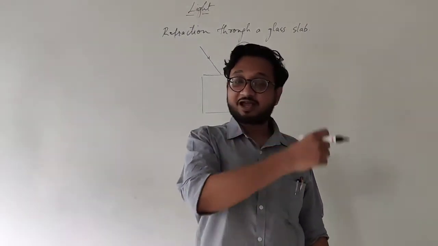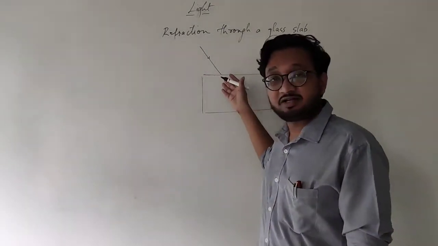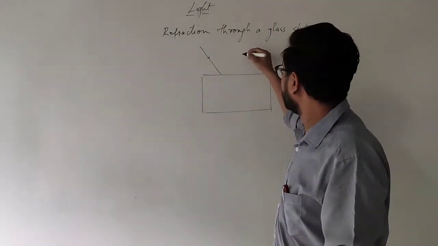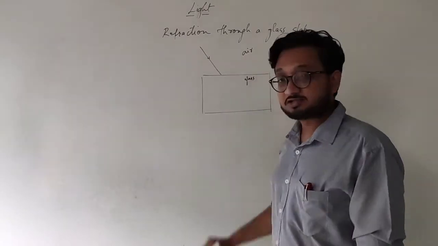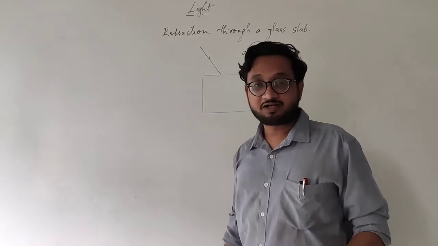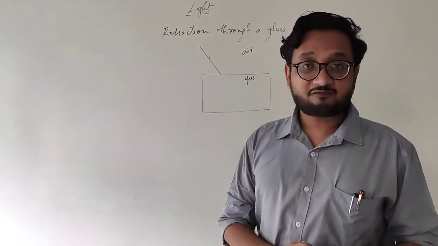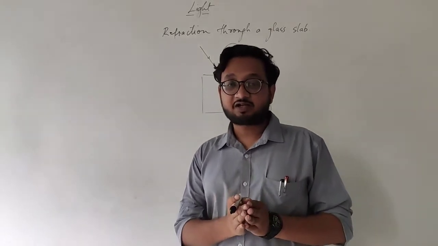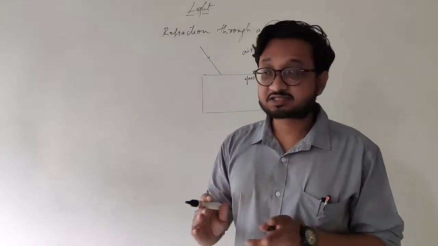When the ray of light is incident on a glass slab, obviously it is transparent, but it is entering a denser medium because outside is air and inside it is glass, a solid medium, much denser than the air around it. Therefore, whenever a ray of light enters from a rarer to a denser medium, we know that it bends towards the normal.